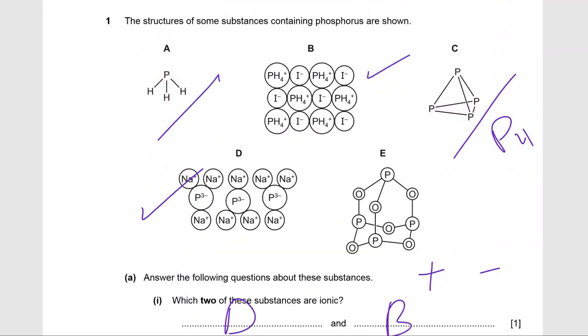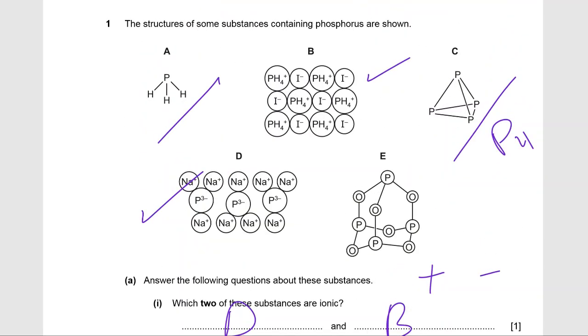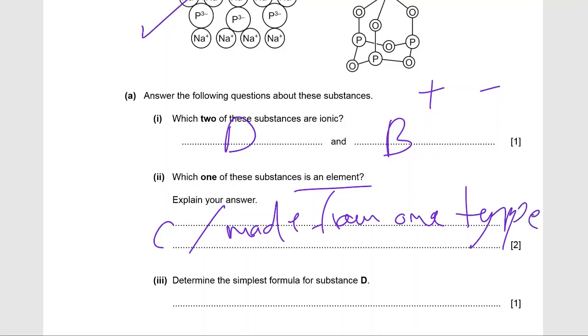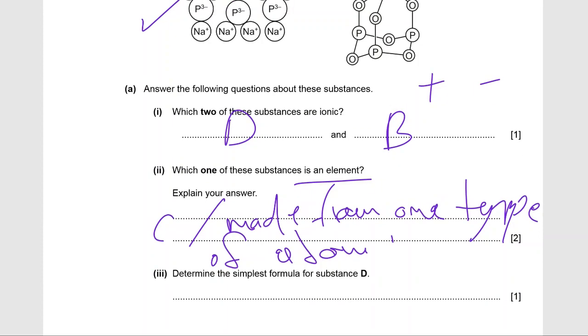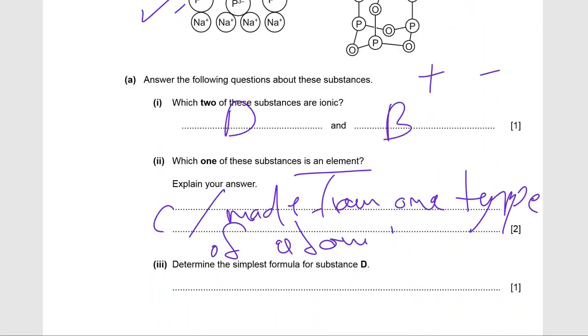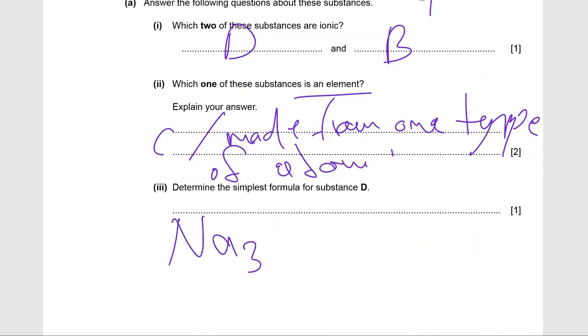The element should be made from one type of atom, so it's C. Okay, determine the simplest formula for substance D. Here you have phosphorus as -3 surrounded by 3 positive ions, so it will be Na3P, because this one is -3 and this one +1. So this is the simplest formula.